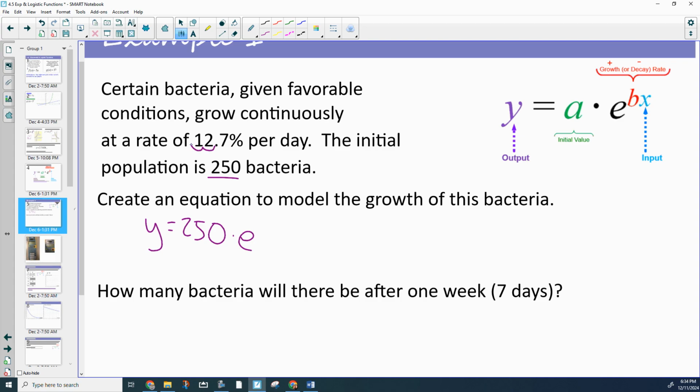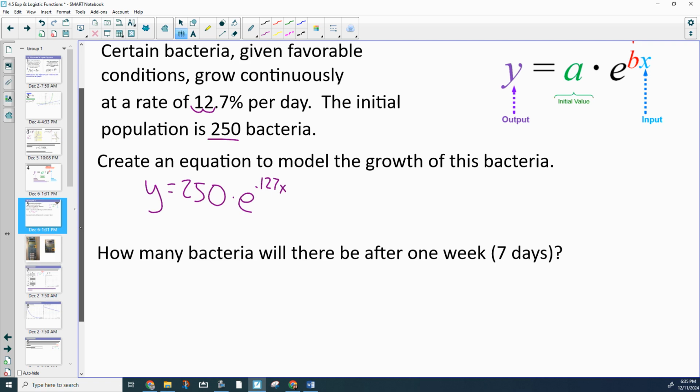And in this case it's growth. So it is 0.127. And then X is however many days we're doing. So the equation would be like this with the X. And then the next question down here says, what would it be after 7 days?